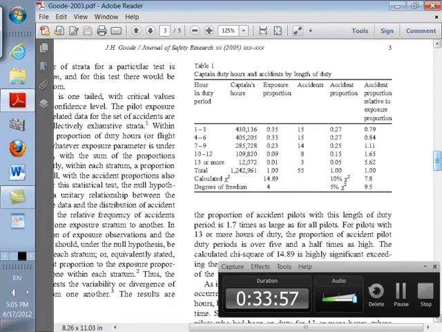Well, we don't have that. So what are we going to do? Captain's hours. What is the chance that during their duty period? What is the right thing for proportion here, since we want to estimate proportion? Captain's hours, or rate? Captain's hours. Does it remind you of anything else?